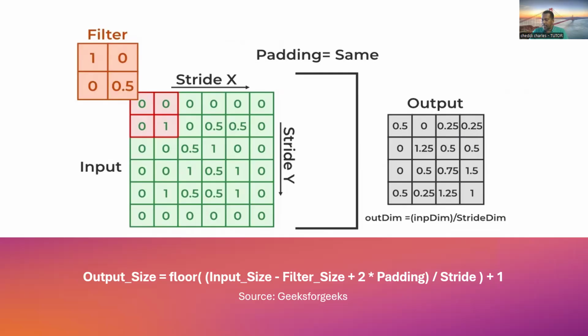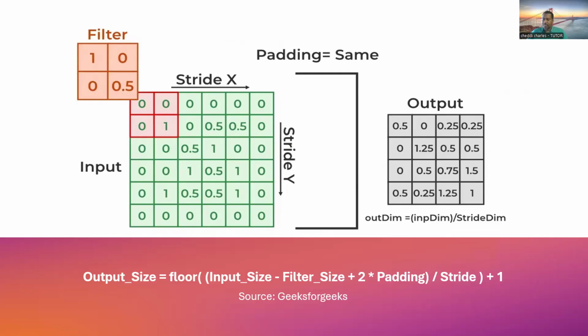And right under the slide, we have a formula. In that formula, you can see the input size minus the filter size plus 2 times the padding, all divided by the stride, remember, whether you move in ones or in twos, plus 1. You get the floor integer, and that tells you the output size.